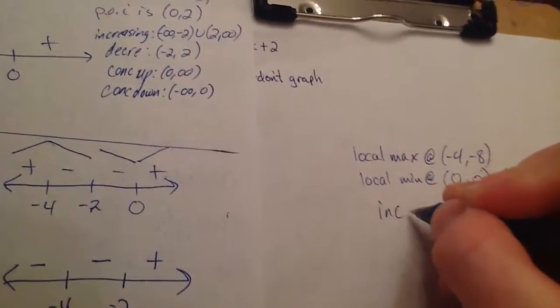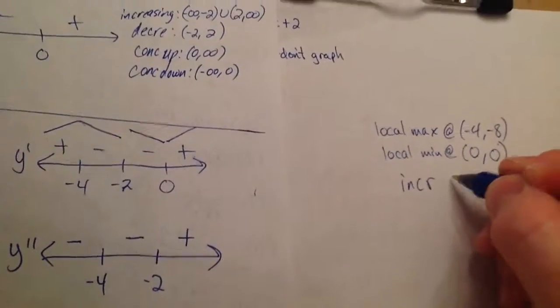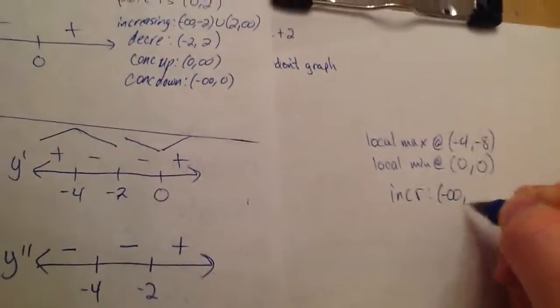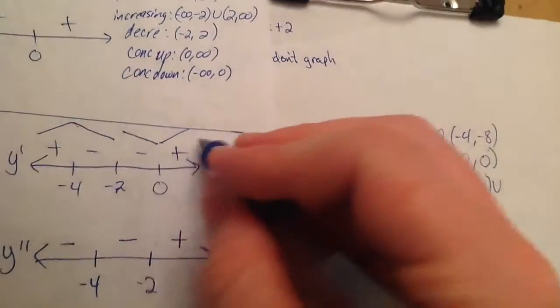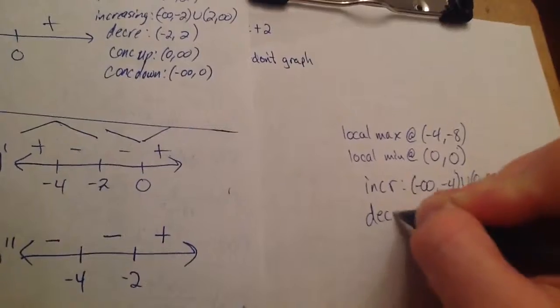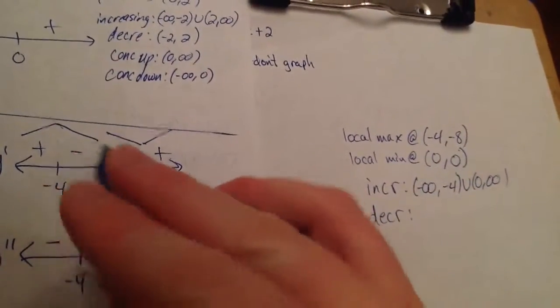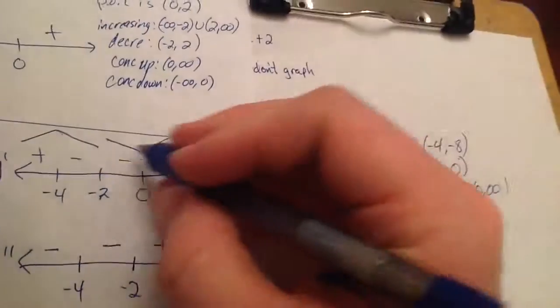Let's see, what else? Increasing and decreasing. It's increasing from -infinity to -4 and from 0 to infinity. Decreasing from -4 to -2 and -2 to 0.